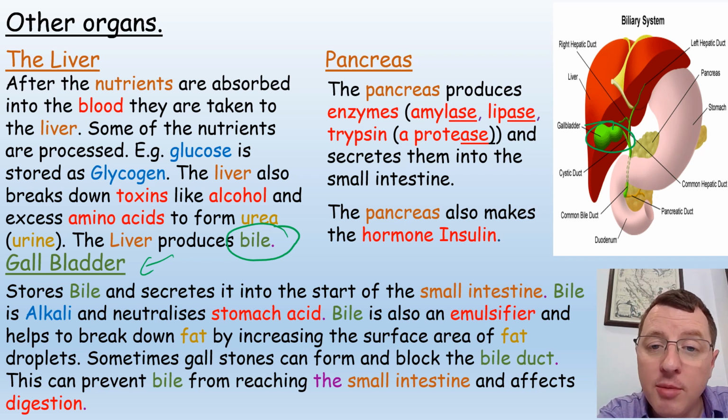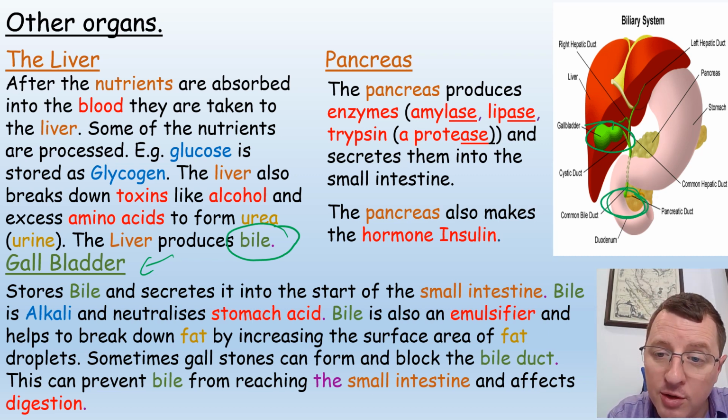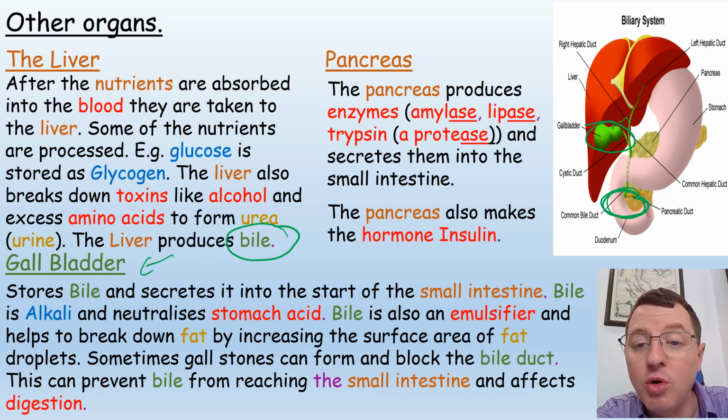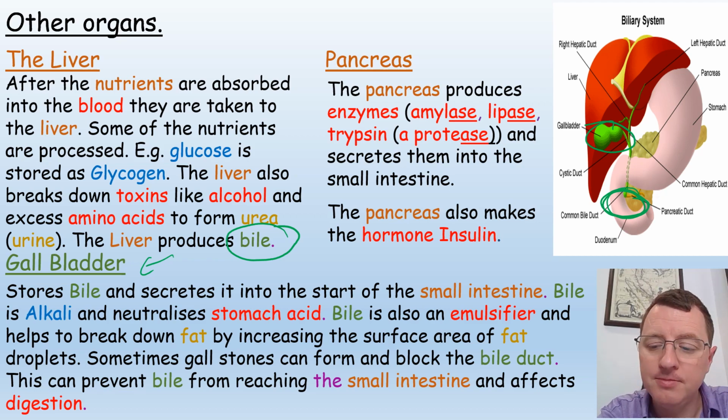So these enzymes are produced by the pancreas, and the pancreas will secrete them directly into the start of the small intestine here, and therefore allowing your food molecules to be digested effectively and efficiently. The pancreas also makes a hormone called insulin, which works with the liver to regulate your blood glucose levels.